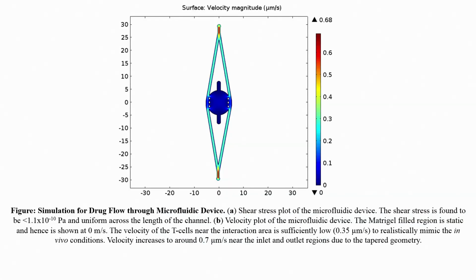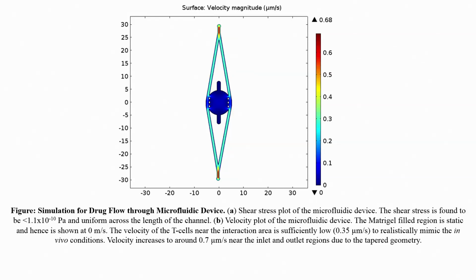So, if you see on the screen, you can see the simulation results when we are flowing a drug through the microfluidic chip, and you can see that the shear stress of the microfluidic device is found to be less than 1.1 × 10^-10 Pascal, and is uniform across the length.